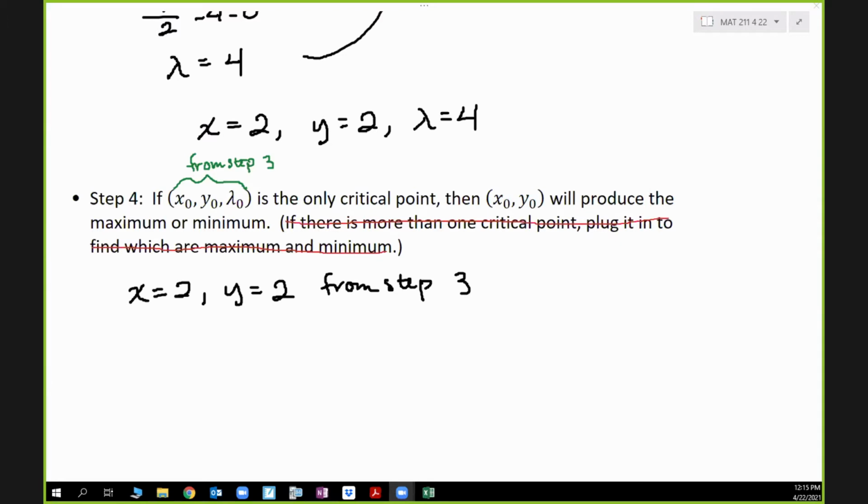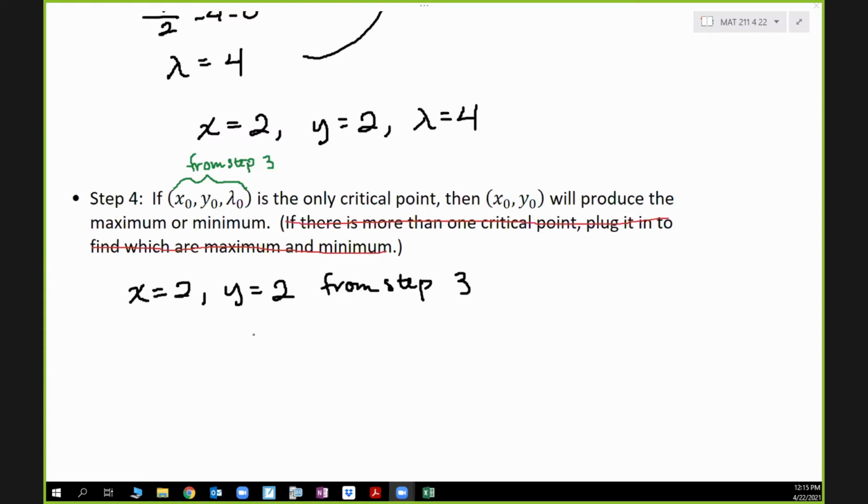So when it says to plug it in, we're plugging that into the AC minus B squared if we needed to do that. We don't need to do that actually, in this case. That AC minus B squared only works for two variable functions, xy functions, and there is like an analog to that for more variables, which we don't do in this class.